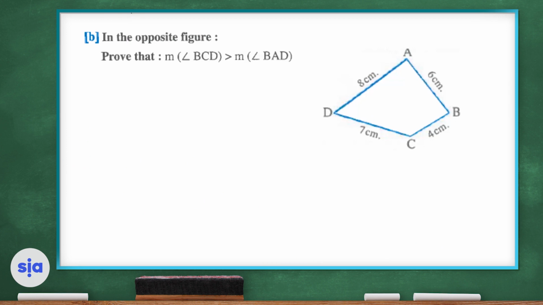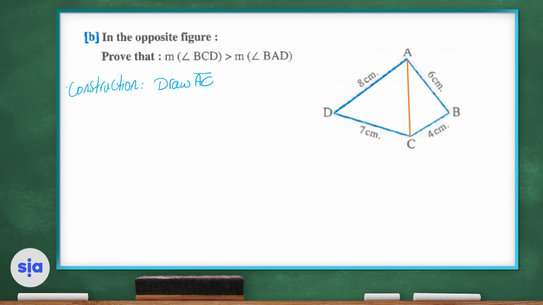Question 5b. In the opposite figure, prove that the measure of angle BCD is greater than the measure of angle BAD. So the first thing that we need to do is to have a construction, which is drawing segment AC, as we can see on the screen now.